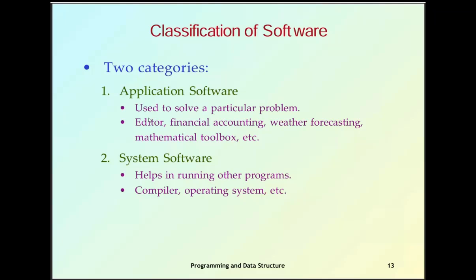Now let us talk about the compiler, because we will be using it in C programming also. In the coming slides we'll discuss it in detail. A compiler is a system software that converts a program from one language to another language. Why and how, we'll discuss later. As of now, you can think of it as a system software that compiles a program from one language to another. Even your device drivers fall in the category of system software.